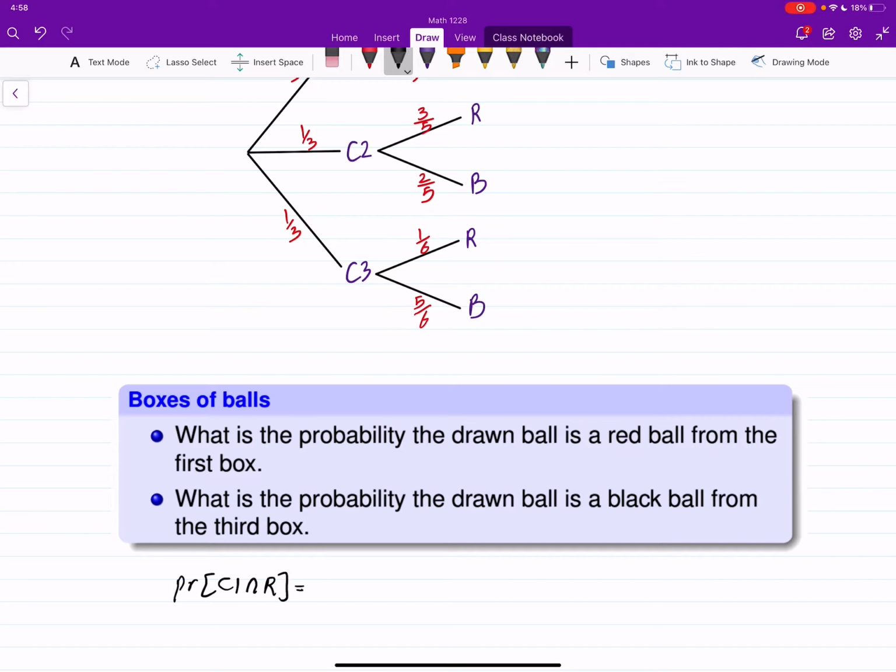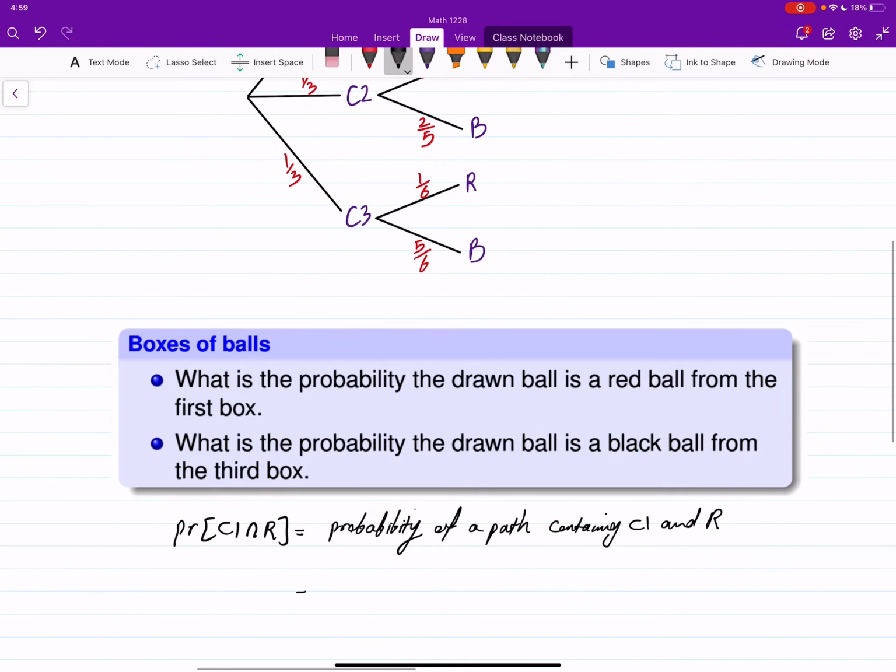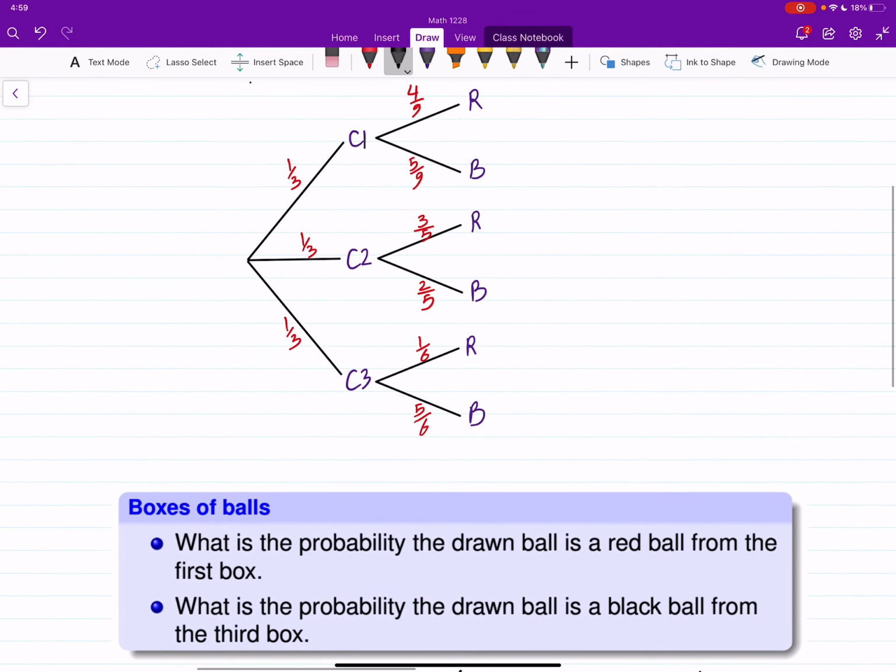First box and red is the probability of a path which contains C1 and R. An intersection of those, by the rule, you have to go find that one.